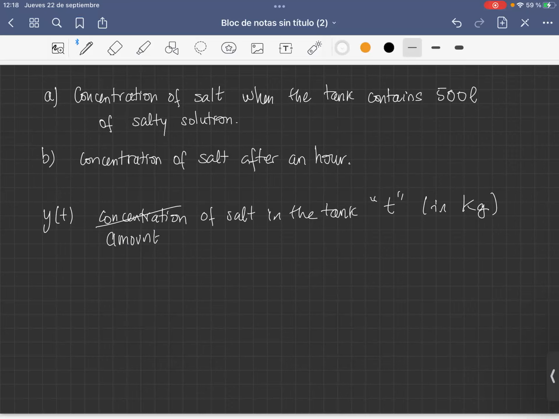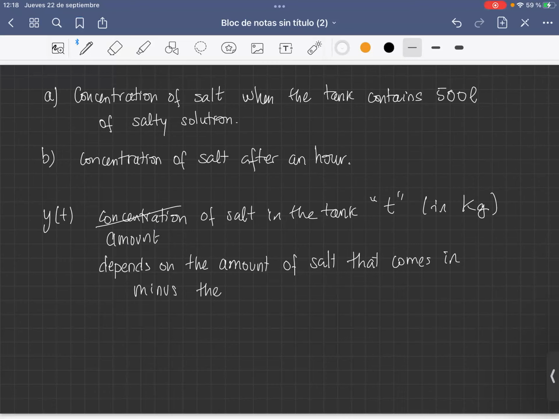So we want to see how it changes, and this obviously is gonna depend on the amount of salt that comes in minus the amount of salt that comes out.